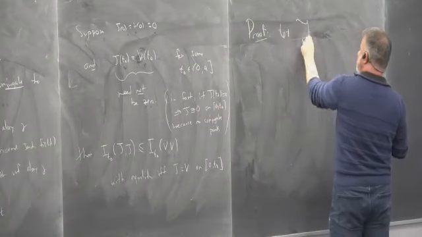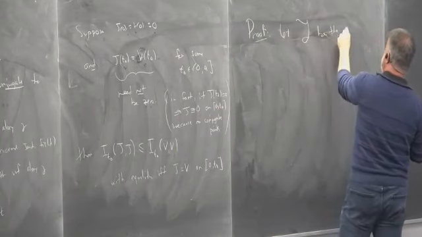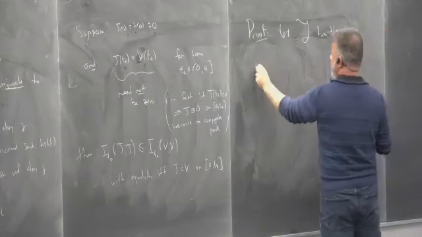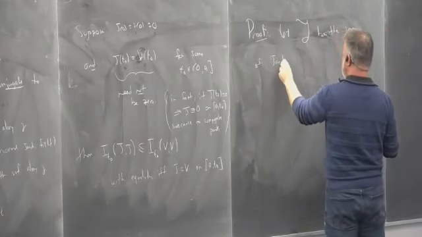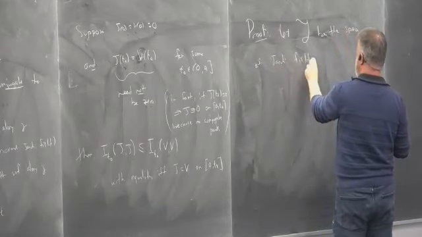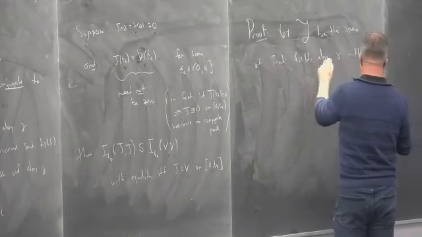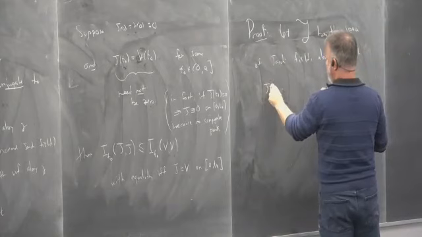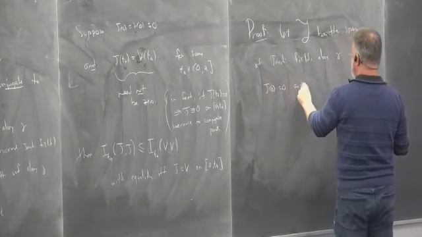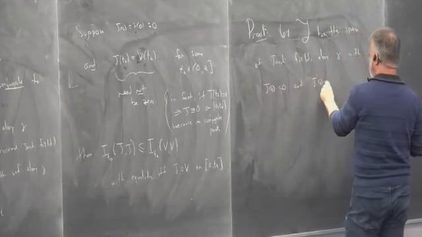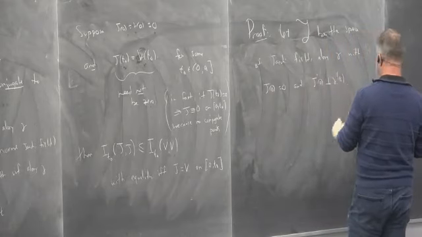So let script J be the space of Jacobi fields along gamma with J of 0 equals 0 and J prime of 0 orthogonal to gamma prime of 0.